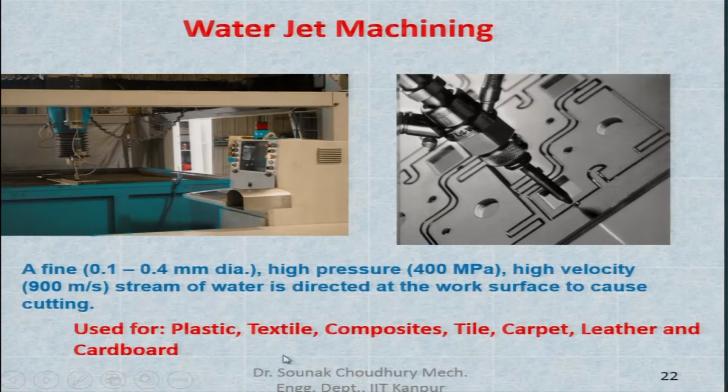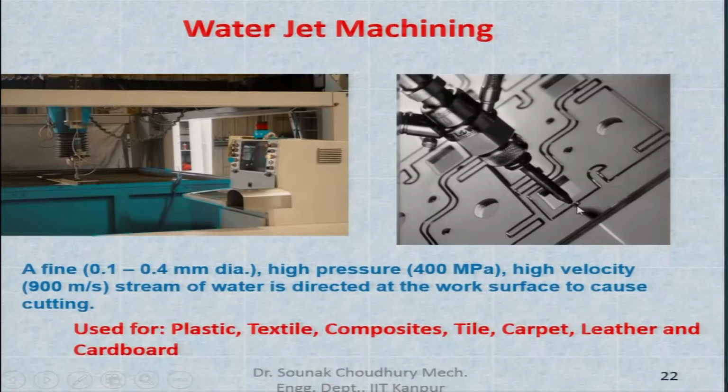This water jet machining process is used mainly for plastic, textile, composites, tile, carpet, leather and cardboard. Initially, water jet machining was introduced to cut cardboard and wood, and the process was very fast, with a high production rate.